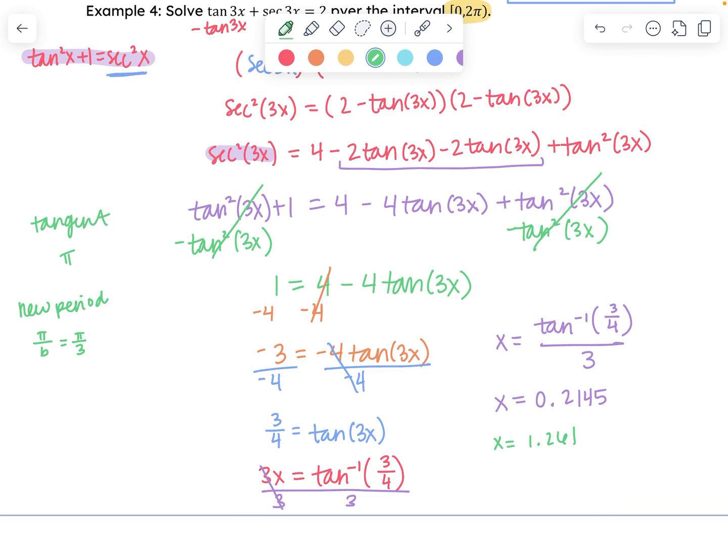Okay, that's probably not the only answer there. So let's plug it in again. Add another pi over 3. I get 2.309. Add pi over 3 again.